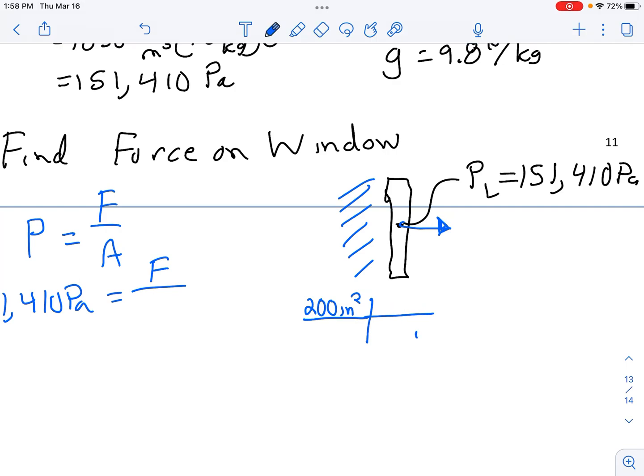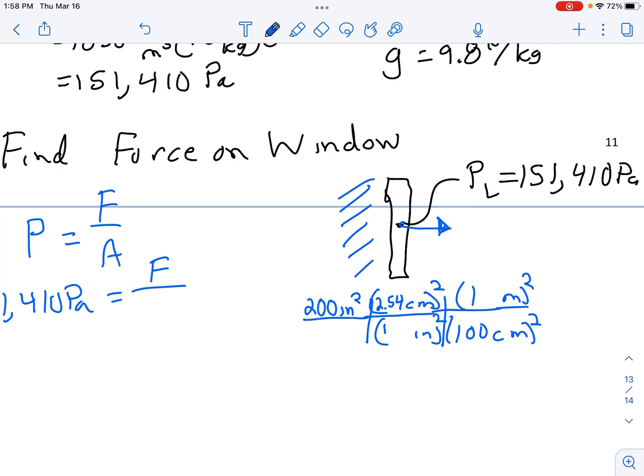We want to go from inches to centimeters. So for every 1 inch, there's 2.54 centimeters. And then we have to square that because we're dealing with area. Then we go from centimeters to meters, 100 centimeters for every 1 meter. Once again, we have to square that.